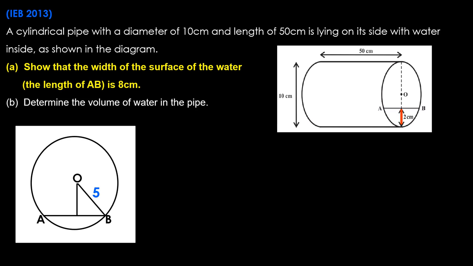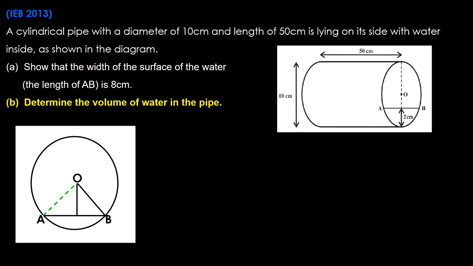And then we know that the depth of the water is 2 centimeters, which means that I'm left with 3 centimeters to the center of the pipe to give me a total of 5. So if I use Pythagoras to calculate that little third side of the triangle, we see that the third side of the triangle is 4. We can use our Pythagorean triples, which means that AB is 8 centimeters.